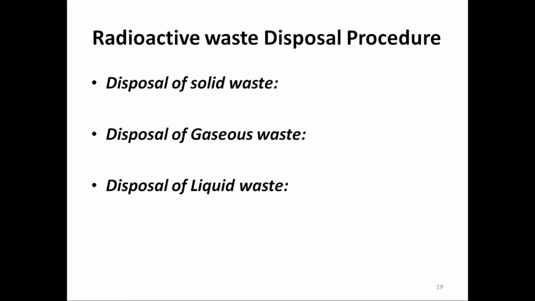That means after treatment, whatever water we get is diluted, and by reducing the activity, it is sent to the river. During this chemical precipitation and ion exchange treatment, the solid sludge we get is fixed in a cement matrix and disposed of as solid waste.